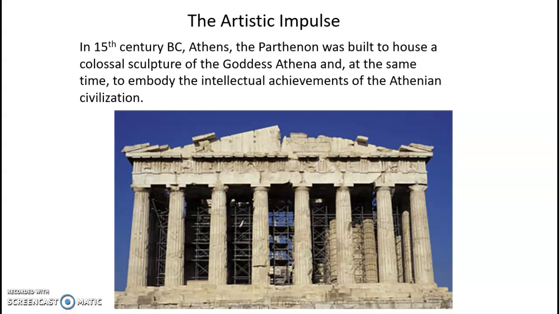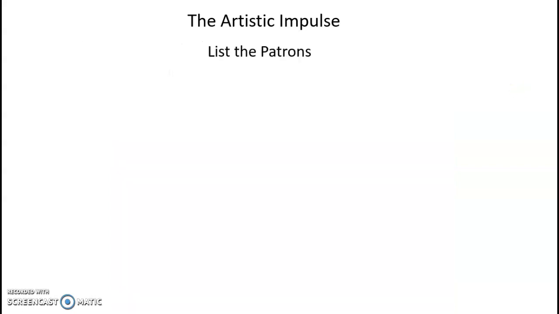To commemorate a god or to have a place to worship, the Parthenon was built to house a colossal statue of the goddess Athena, and it also would embody the intellectual achievements of the Athenian civilization. Rome was very big into that, and other cultures as well. They want to show you just how great they are.